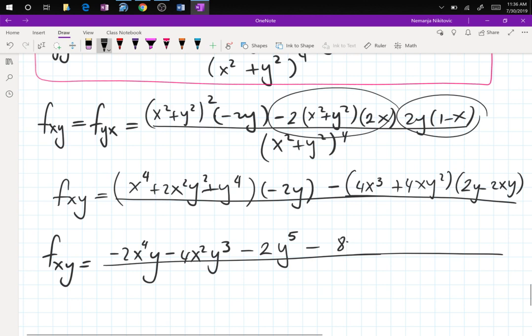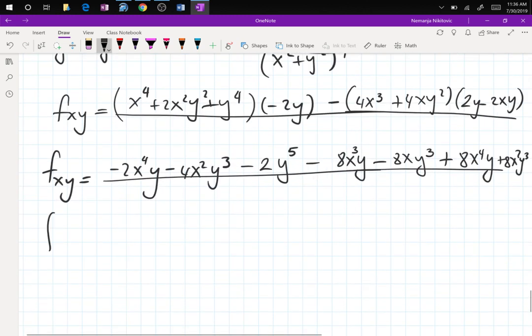Negative 8x cubed y, and then minus 8xy cubed, minus and minus gives me plus 8x to the 4th y, and the last term, negative times negative is positive, plus 8x squared y cubed.